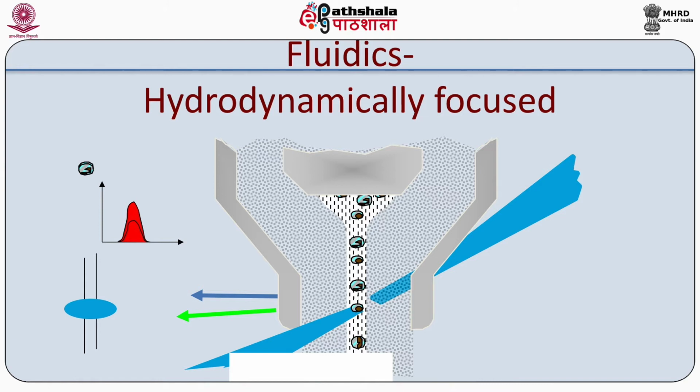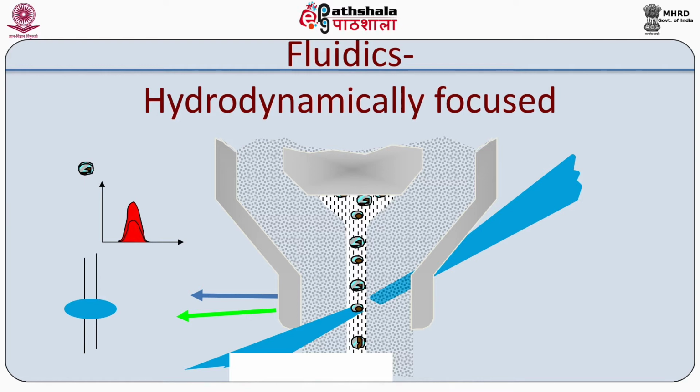The sample pressure regulator controls the sample flow rate by changing the sample pressure relative to the sheet pressure, and has a dynamic range. Shown in this example is a lower flow rate, which decreases the width of the sample core and restricts the position of the cells to a smaller area.